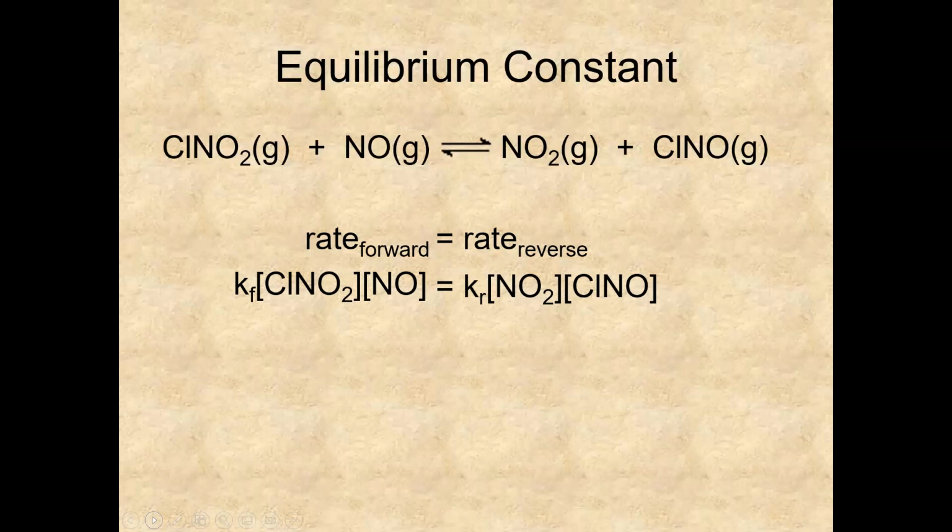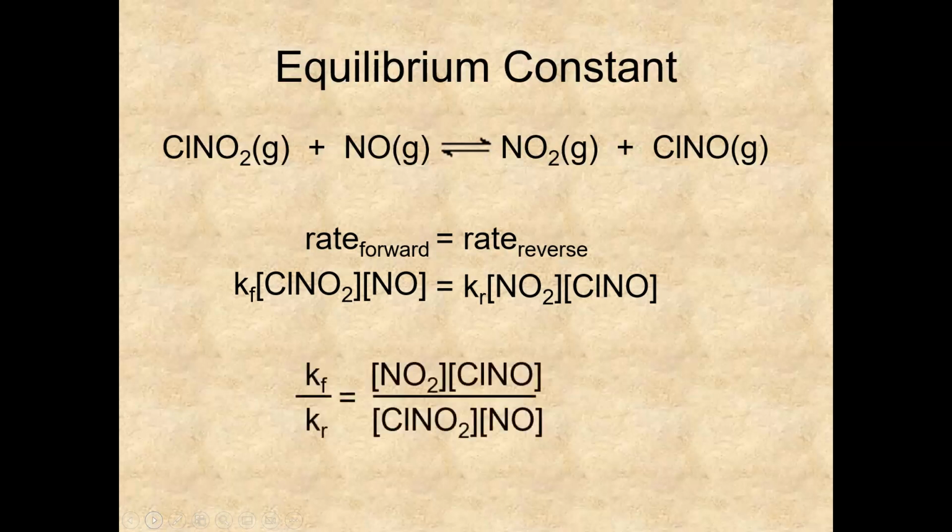Well, if we are trying to find that K value, we have to isolate the K's on the same side of the reaction. So we can rearrange to isolate the K's, and notice that we end up with the product concentrations on top, the reactant concentrations on the bottom, and that is going to be equal to KEQ.